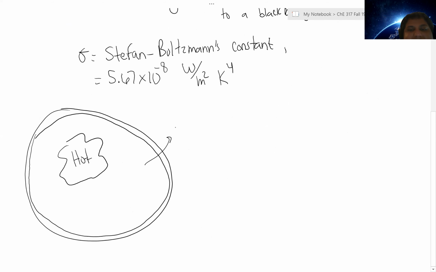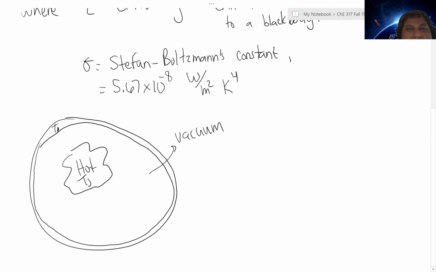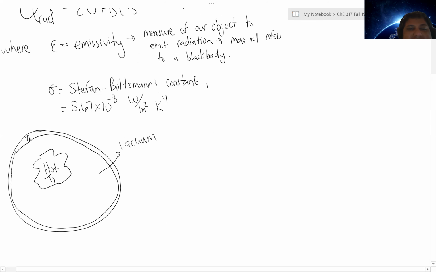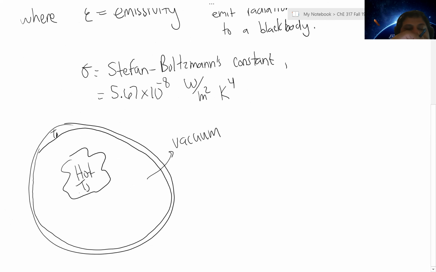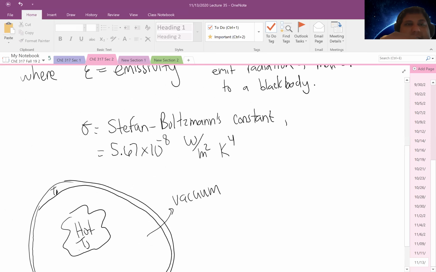And then I evacuate that air such that everything around that object, which has some temperature, let's say it's hot, this T sub s, T1, and around it is a vacuum. Do we expect to have conduction, convection, and or radiation? Only radiation.